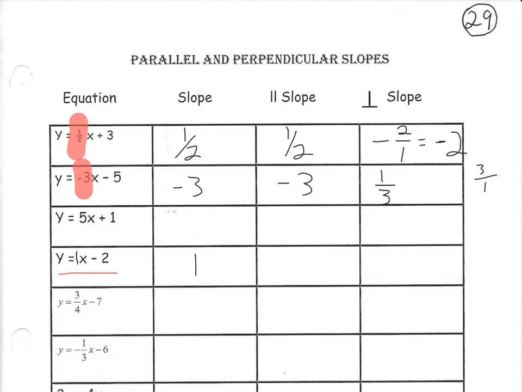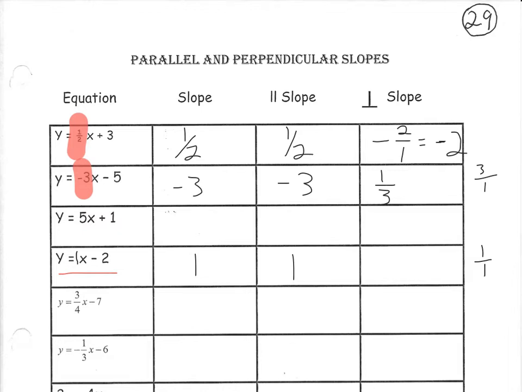The parallel slope, remember I said these two are going to be the same because parallel lines have the same slope as the original. So it's also going to be 1. Now, we need the negative inverse. And remember I told you, anytime you've got a whole number, if you put it over 1, it's going to give you the fraction form of it.